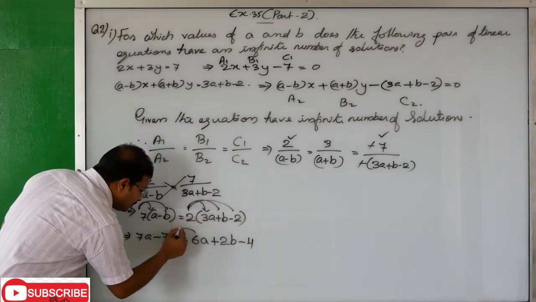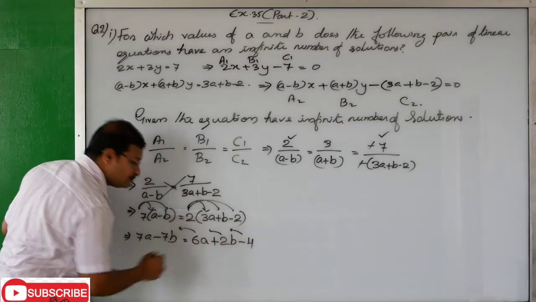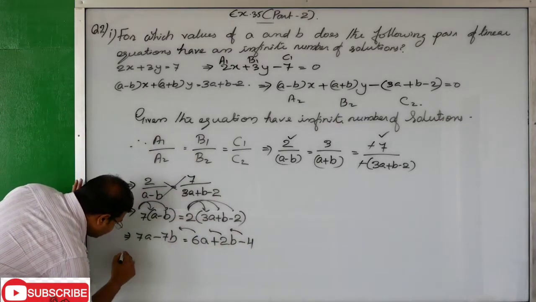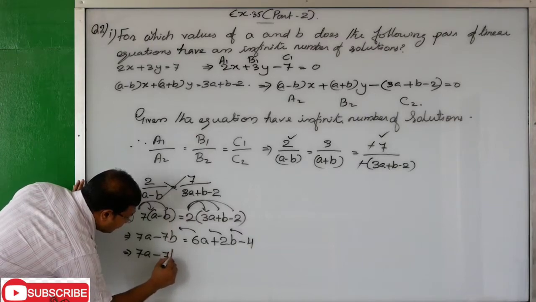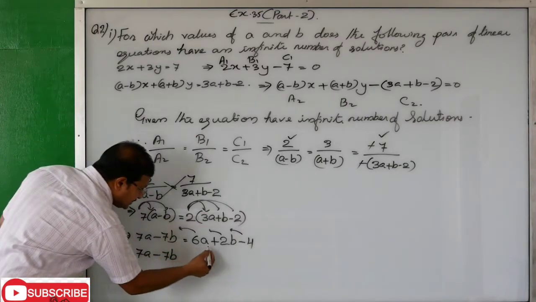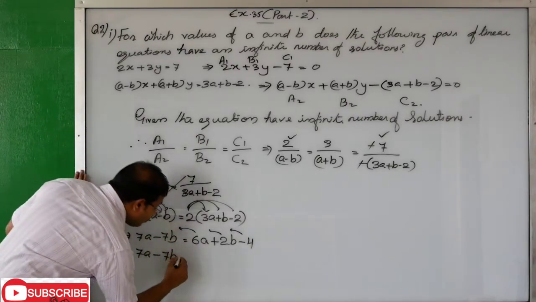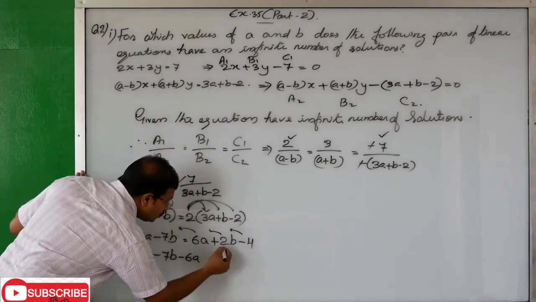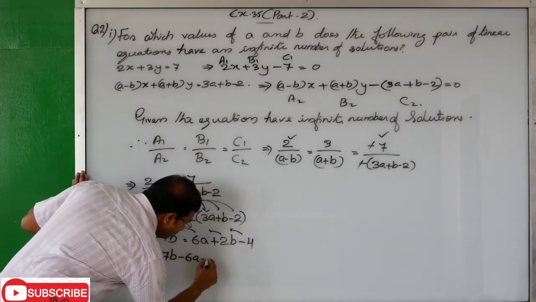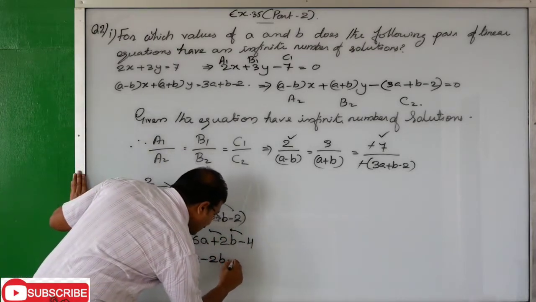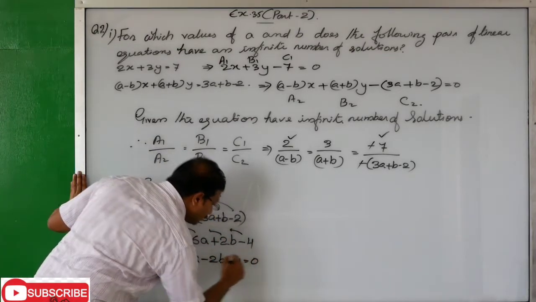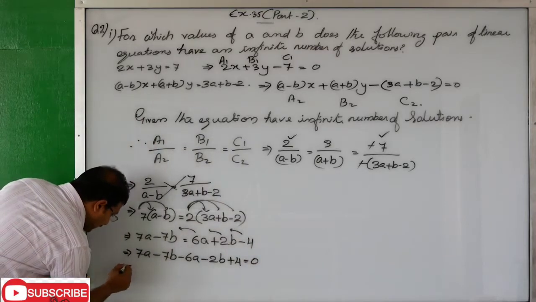Now all the terms will carry to the next side. That means 7a minus 7b is already here. Now 6a coming to the next side, minus 6a, 2b goes to the next side, minus 2b, minus 4 goes to the next side, plus 4 equal to 0.